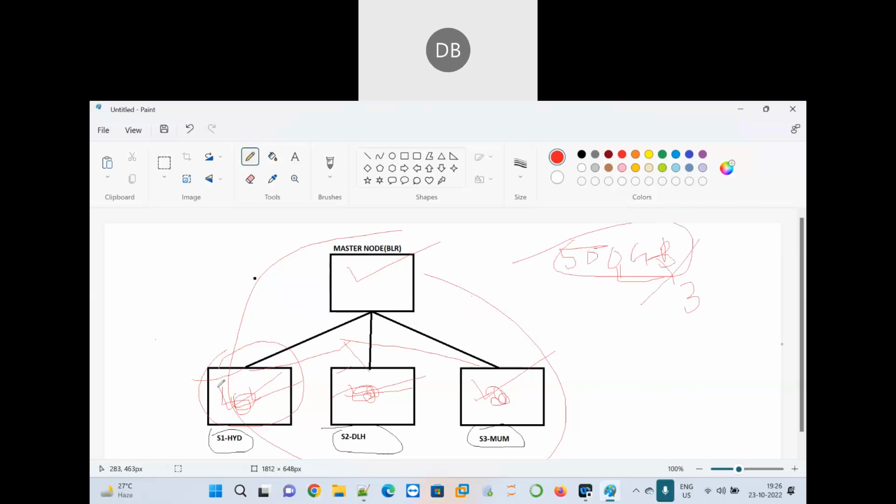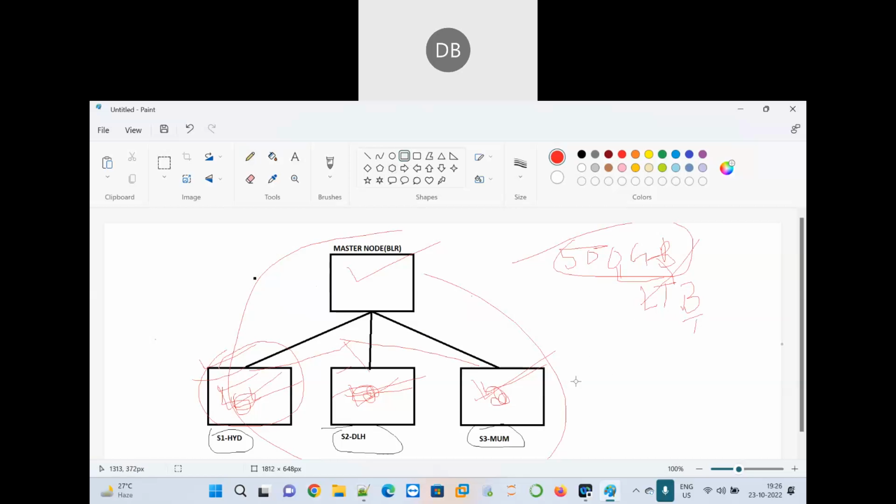Suppose here I am storing 200 GB, on another node another 200 GB, and on another node 100 GB. That is possible. And let's say each node's capacity is 1 TB. Then how much data can I store? Almost 3 TB.